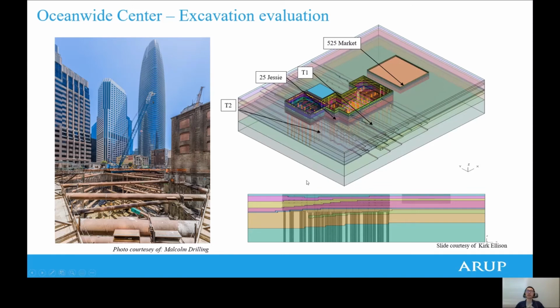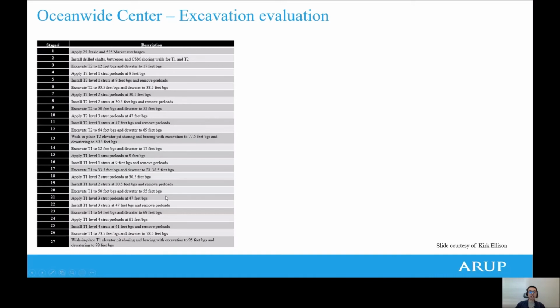So the purpose of this assessment is to evaluate the impact of the excavation process, which is a very unique loading case compared to typical analysis, say, gravity loading or seismic loading. And you can see on this table on the left, it lists the whole sequence of the construction process of the two tower excavation.